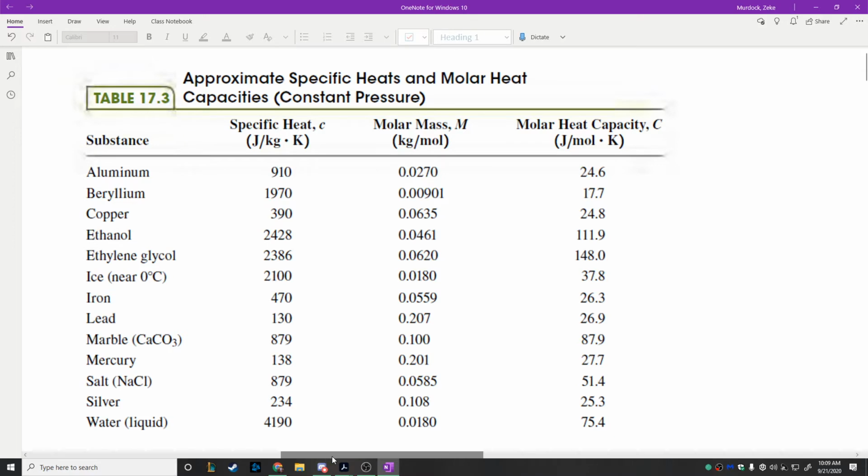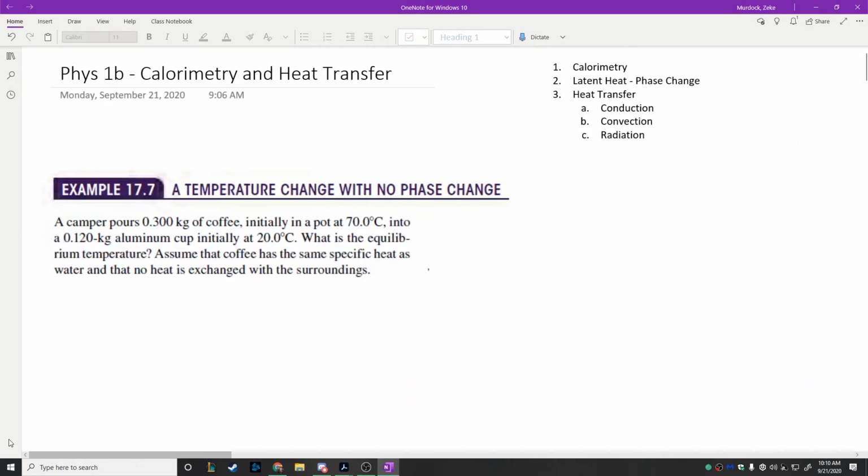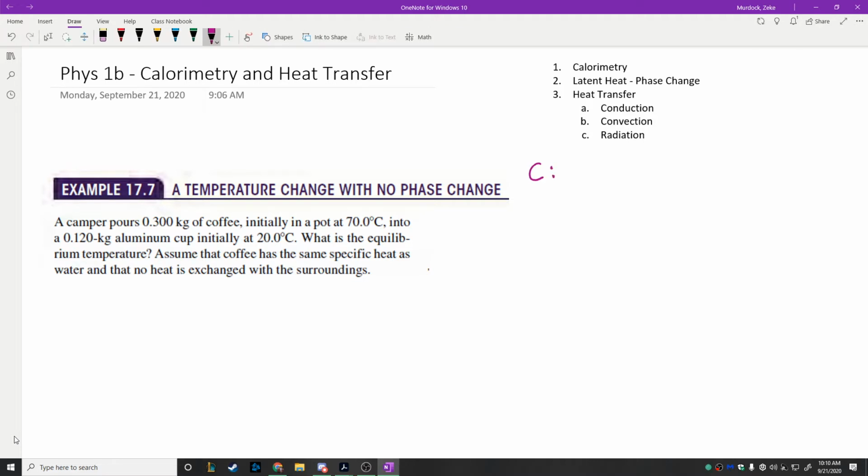All right, so let's do some problems with specific heat, and let me remind you guys really quickly how we do these things. We discussed last time this idea of what's called specific heat. We use the symbol C to represent the specific heat of a material. It is related to how much energy you need to put into the object per unit mass in order to raise the temperature by 1 degree.